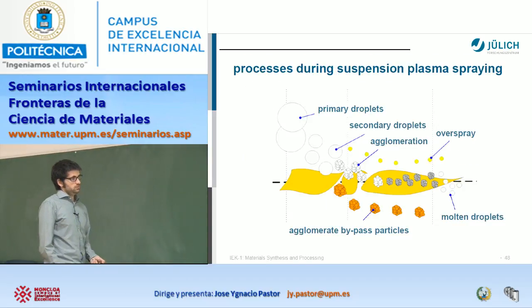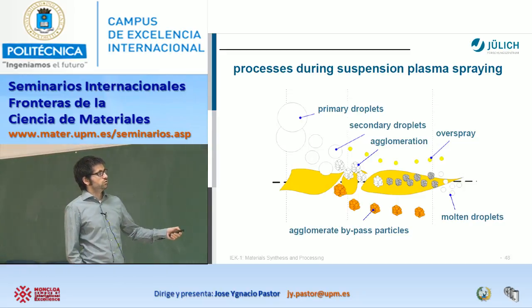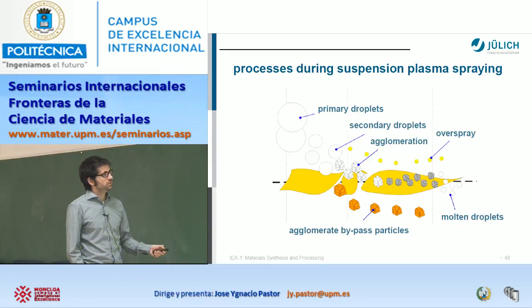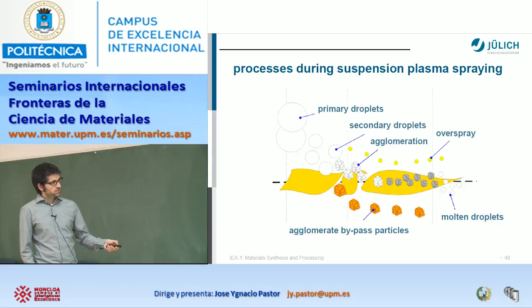And here what we do is like that. Here you have your droplet because it's a suspension. Also droplets that are smaller, or even agglomerates or the particle, and you put here your heat. Some of them, like agglomerates, are not affected by this flux. It doesn't happen because your substrate is here.